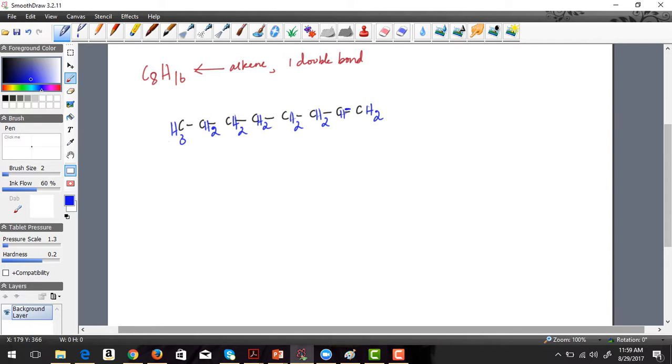Let's get our black back. So C, that's 4, 5, 6, 7, 8. Now we move the double bond here, we can move it here, and then we can move it here for the next one. So you have to explore as many combinations as there are for the 8 carbon chain before you even consider moving to a 7.